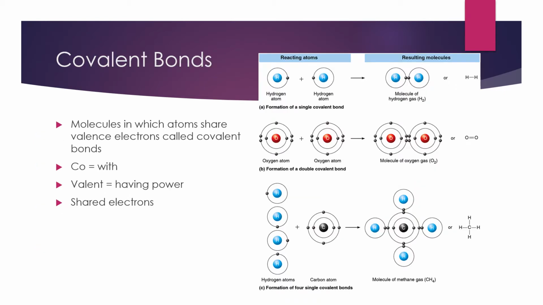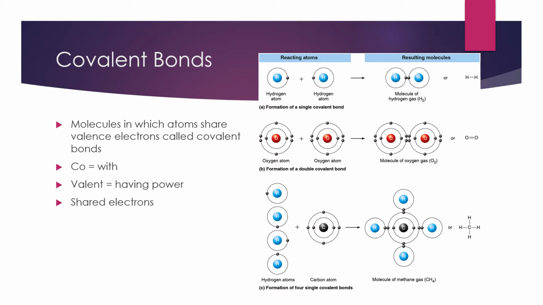Covalent bonds. These molecules have atoms that share valence electrons rather than gift valence electrons. Co-valent, having power shared electrons. At the top you see 2 hydrogen atoms joining electrons, little buddies, and it turns into a molecule of hydrogen gas.